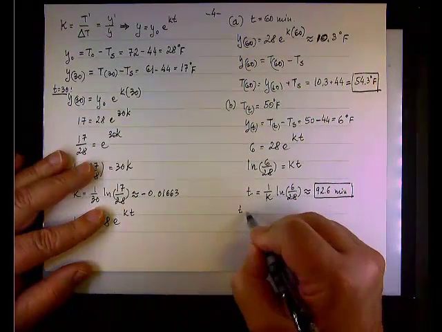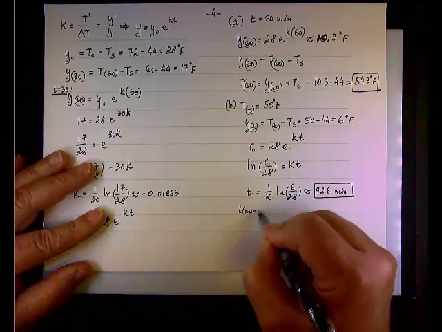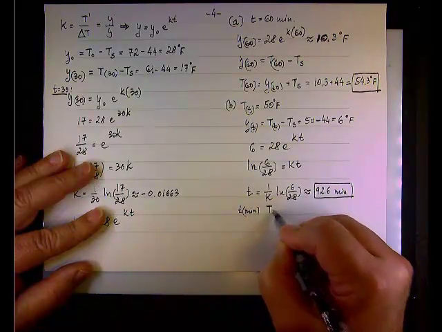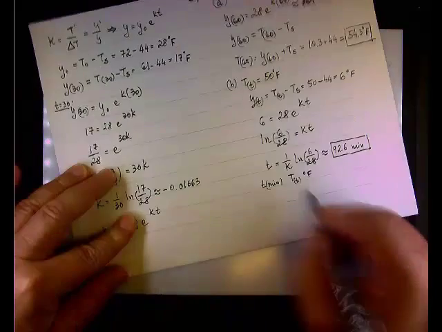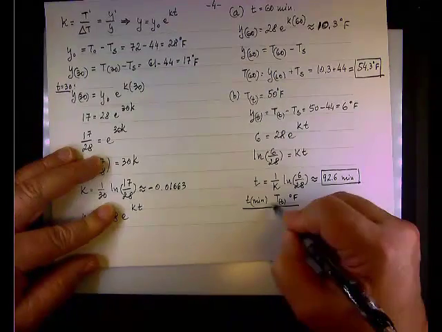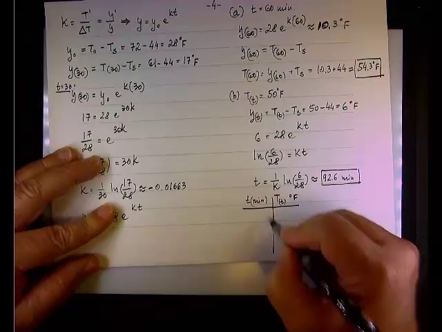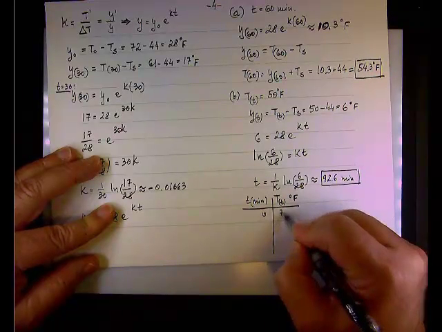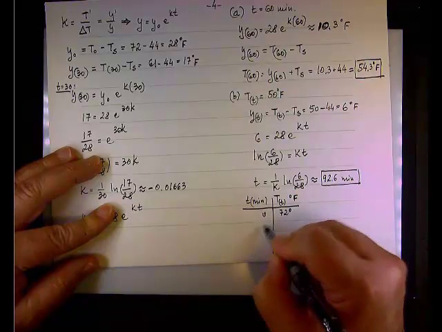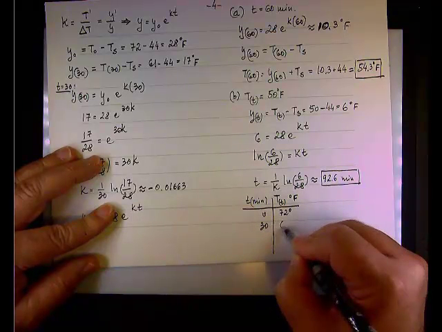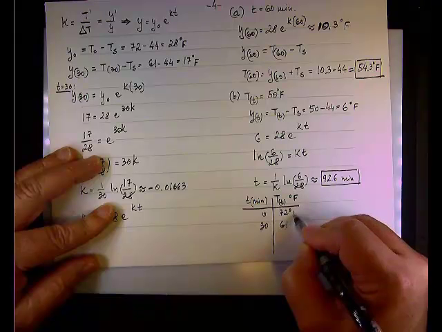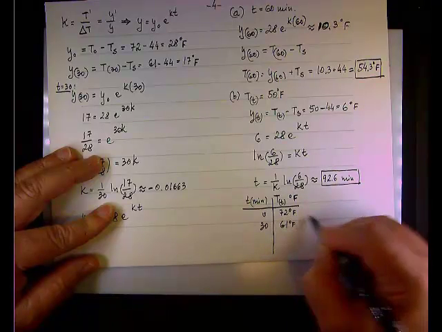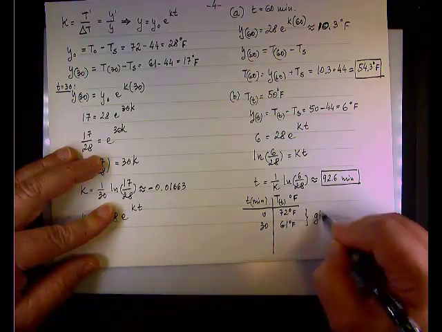If I set up a table, t in minutes and T of t in degrees Fahrenheit, we end up having the following. The first two we know. At 0, we have 72 degrees, and at 30, we have 61 degrees. This is given to us.